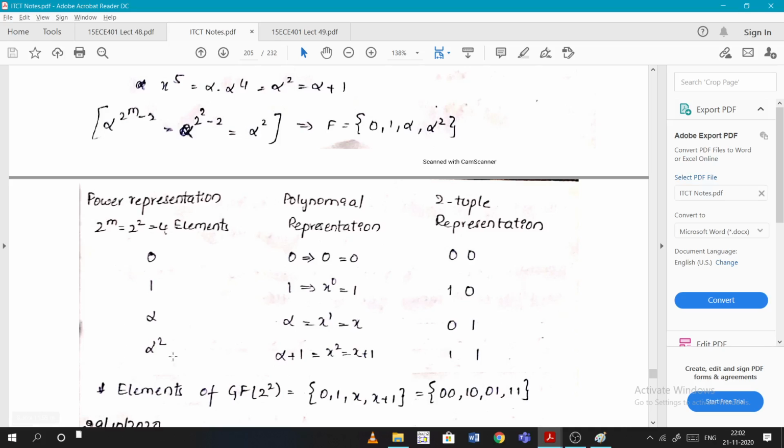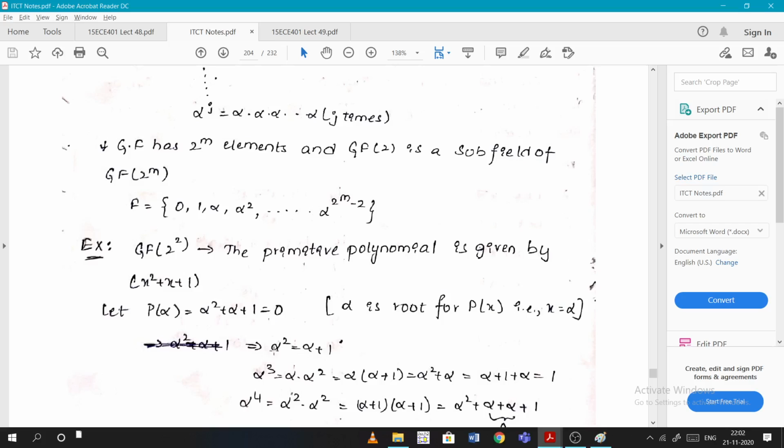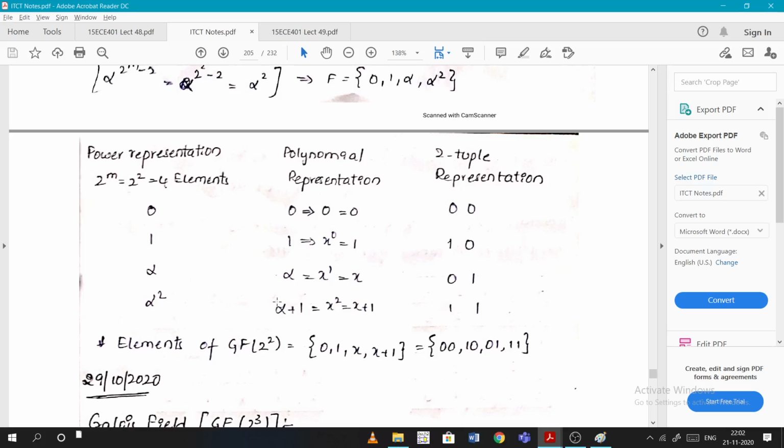Now alpha square is alpha plus 1, and from the above relation, when you substitute for alpha, it is x plus 1. You understand how we got x plus 1? So for GF of 4 we got 0, 1, x and x plus 1.